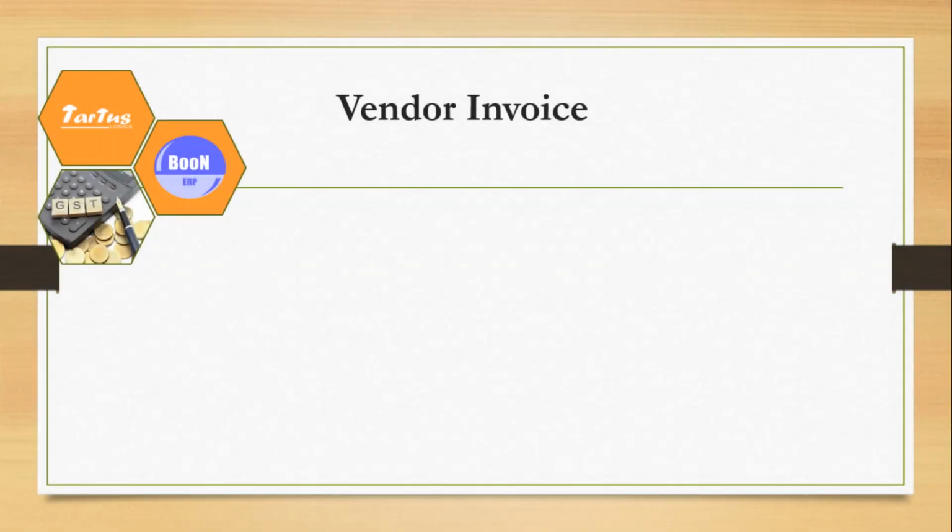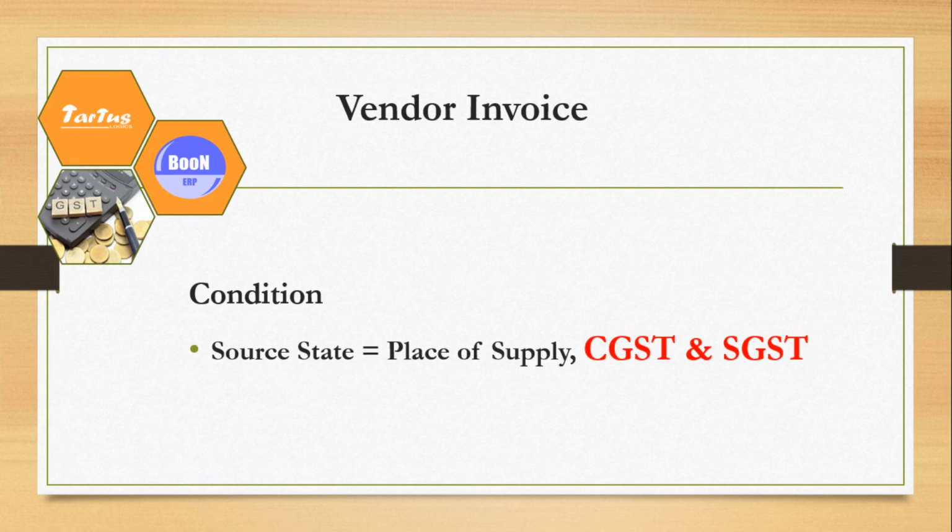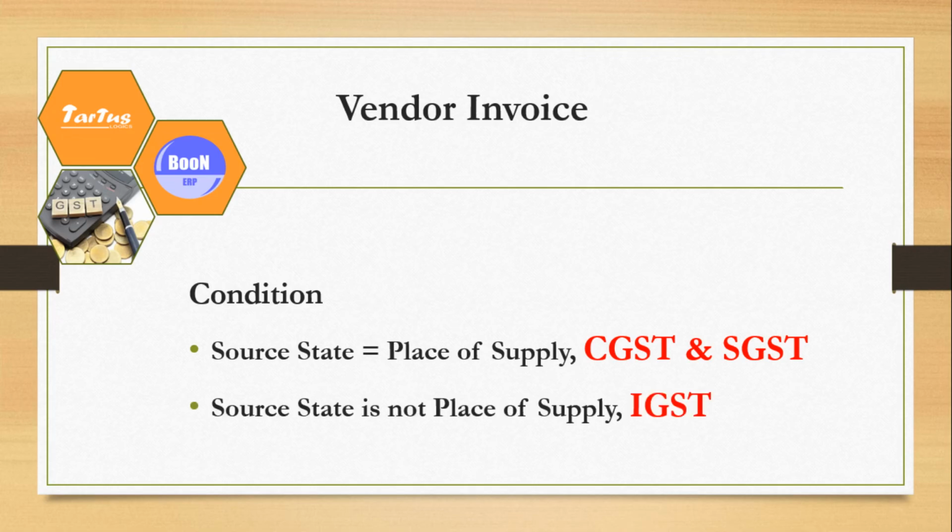Now let us look at the vendor invoice. Conditions for GST components are as follows. If the purchasing state is the same as the place of supply state, then CGST and SGST are applicable. If the purchasing state is different from the place of supply state, then IGST is applicable. Cess is applicable if a rate exists.